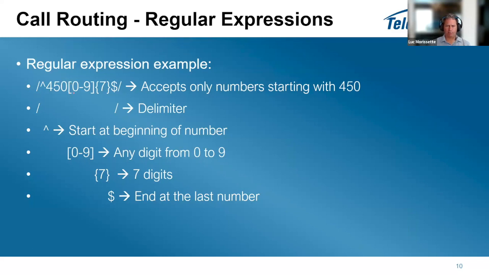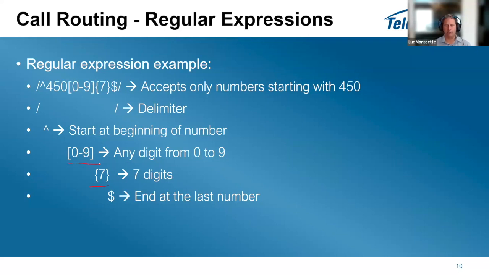Here, the square bracket, 0-9 square bracket, means 1 digit from 0 to 9. Okay, so if you put only 0 to 9 with square brackets like this, it says only 1 digit. However, if you put a value like this at the end, so curly brackets here, 7 in curly brackets, this means 7 digits of 0 to 9.